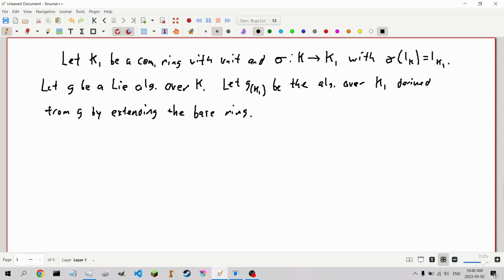And to give a reference, which I'm going to have to look into to get the exact details of this, I might start off the next video with that. But then this GK1 is a Lie algebra.